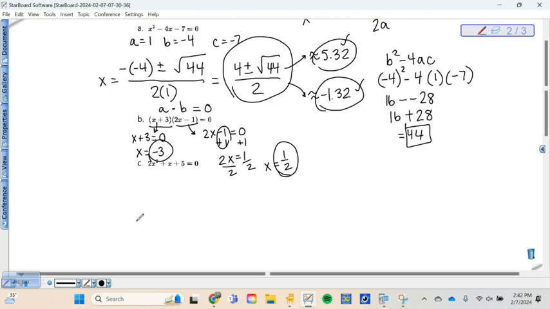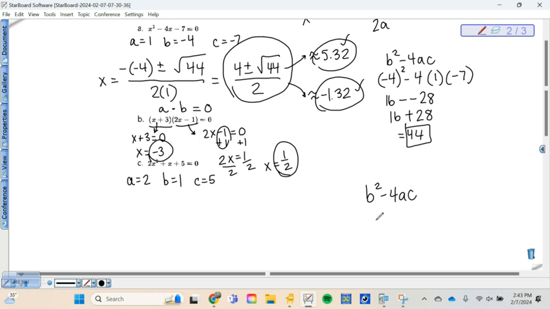What can we do for part C? Yeah, we could just do that. What's my A? And B? C? Good. Okay, let's do b squared minus 4ac first.